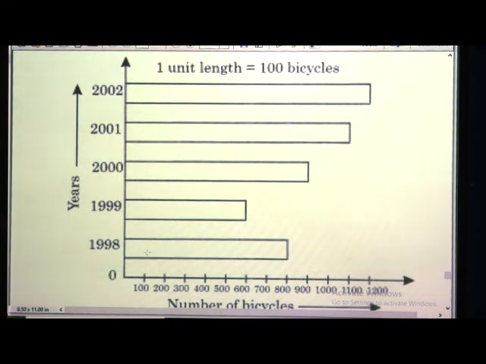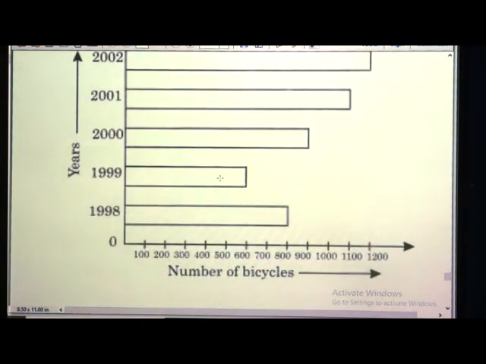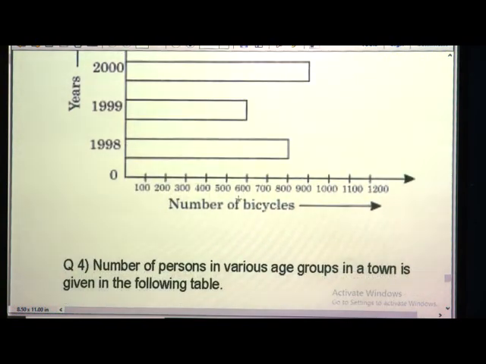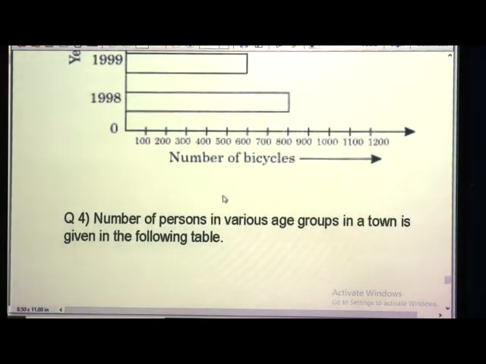In 1998, 800. In 1999, 600. In 2000, 900 bicycles. In 2001, 1100 bicycles, and 2002, 1200 bicycles. In this way we represent the data using bar graphs, and it is the easiest method.